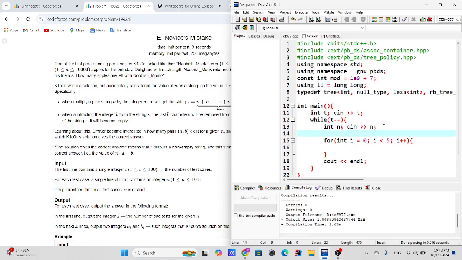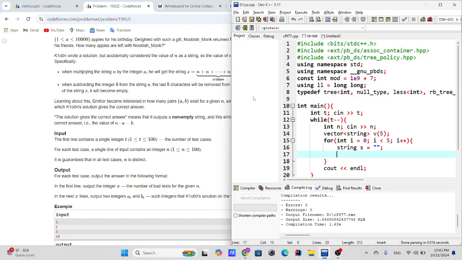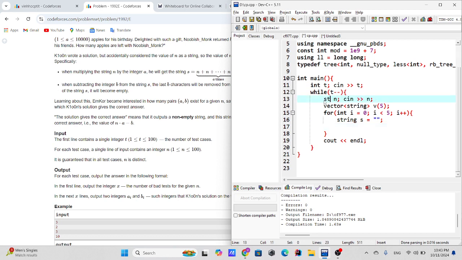Let's create a vector of strings, right? v5 here, and string s will be this. I'm not sure, but maybe I should also use a string n here.